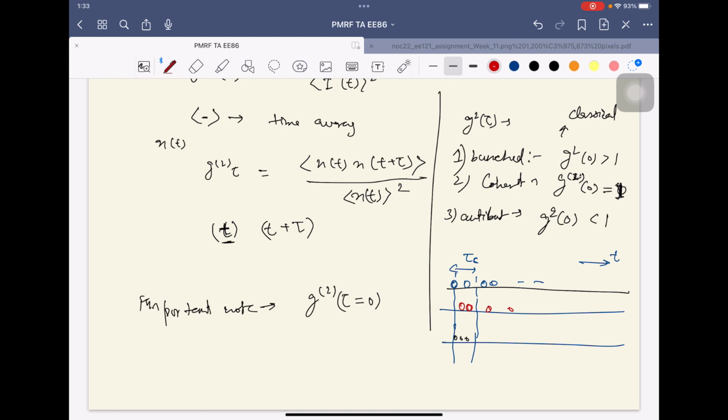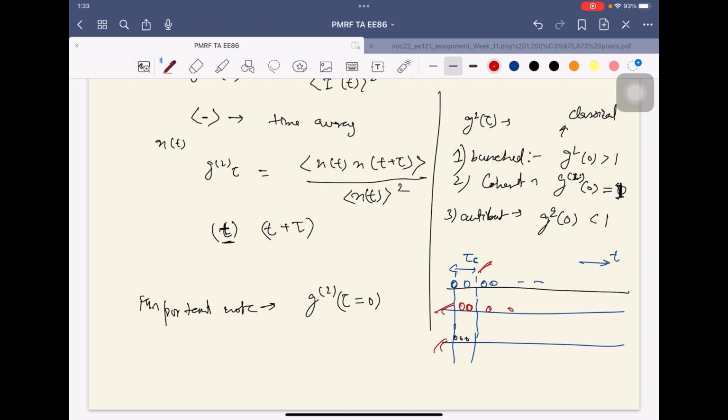So the photon detector signal as a function of time: this will be anti-bunched, this will be random, and this will be bunched light. So what is the difference? For bunched light this phenomenon can happen, and g2 will be greater than 1.